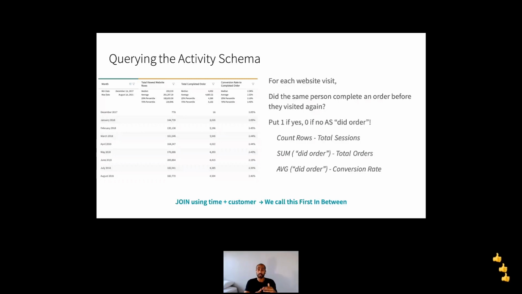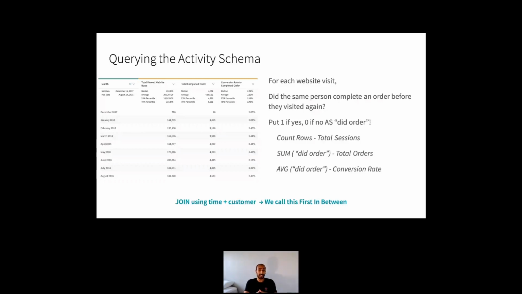If the same customer did, we're going to put a 1. If they didn't, put a 0, and we're going to call this column did order. Then it's as easy as counting the total number of rows to get how many sessions the customer had, summing up the did order column to get the total orders. And if you average the did order column, you get the conversion rate. It's that easy. The only difference here is that we're joining mostly on time and customer. And we call this relationship of joining this data first in between.